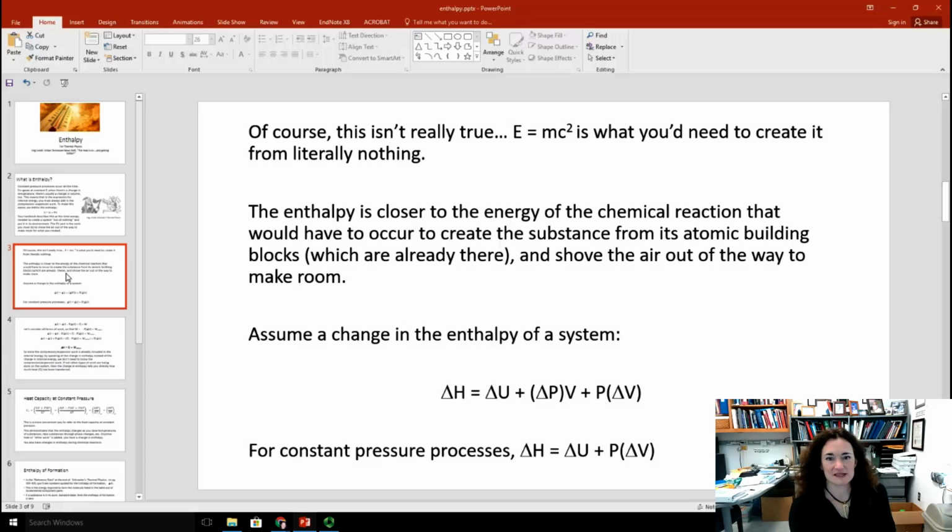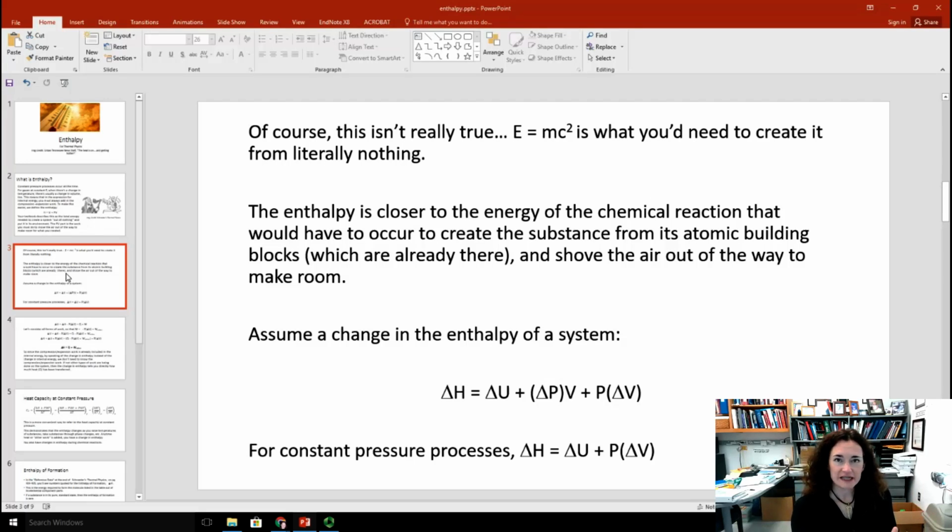The enthalpy is actually closer to the energy of the chemical reaction that you'd have to have in order to create the substance from the atomic building blocks which are already there and shove the air out of the way to make room. So it's assuming, this expression for the enthalpy, that you already have all the component atoms that you need to create your new molecule, for example, and they're sitting there waiting to react, which is a little different from out of nothing. But it's not a bad explanation, so we'll go with it.